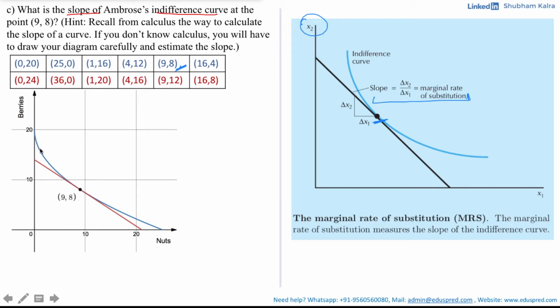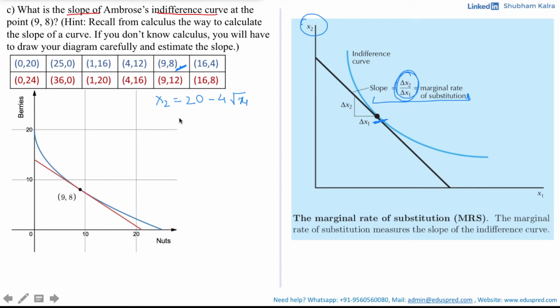So let's calculate the slope of the tangent. From the first part, this blue indifference curve had the equation x2 equals 20 minus 4 square root of x1. In order to calculate the slope of this indifference curve, we have to differentiate x2 with respect to x1.